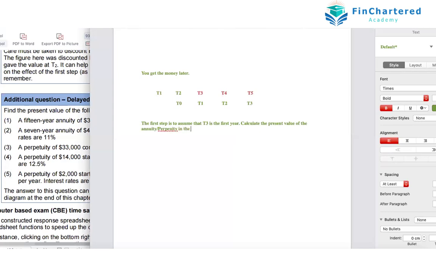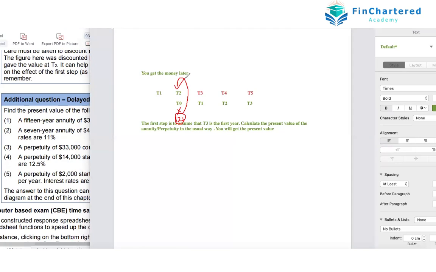In the usual way, you calculate. Once you get that, you will get the present value here. Whatever it is, maybe it is 121. I'm giving an example. Maybe it's 121, but it is actually the present value at time 2.